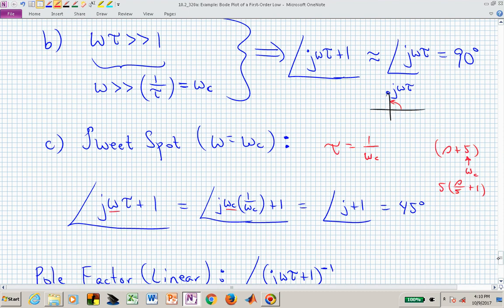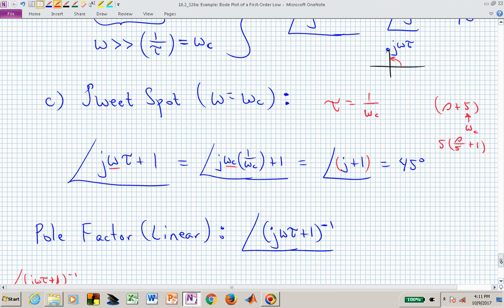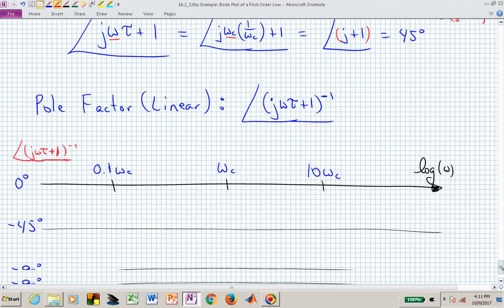This now says that when omega is equal to omega sub c, we have 1 plus j for our factor, and the angle of that factor, I hope you can see, has a real part of 1 and an imaginary part of 1, equal components of real and imaginary. That says we have an angle of 45 degrees. So for our pole factor being linear, the angle below frequencies less than 1/10 of the break frequency is 0 degrees.